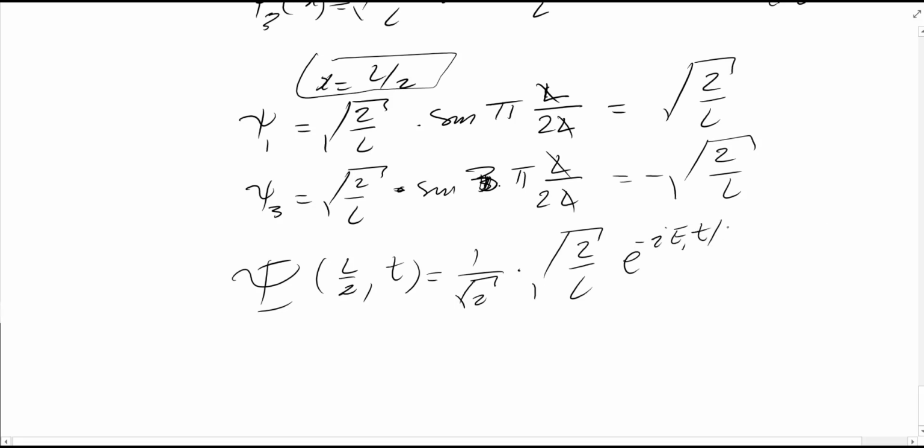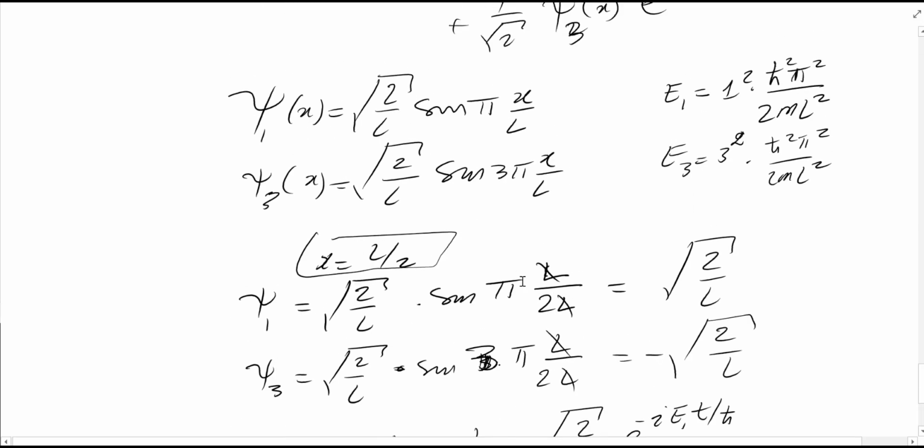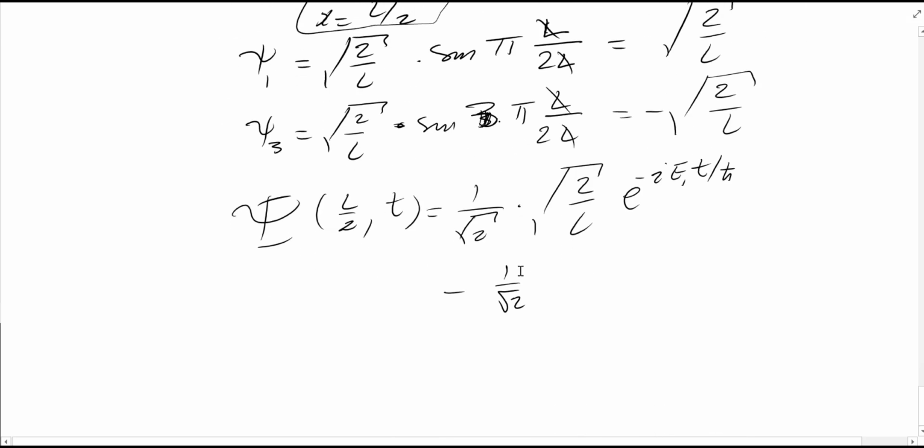Plus or minus now 1 over square root of 2, and square root of 2 is actually given in here, times the square root of 2 over L times the exponential of negative i E3 t over h bar.